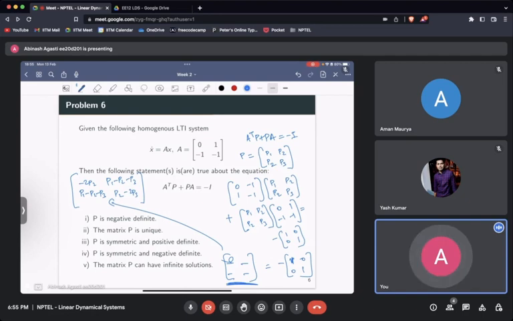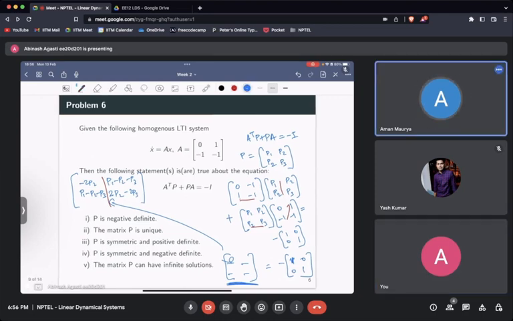I think we'll have 2P2 here. Can you just check once? We'll multiply this with this and this with this. P2 minus P3 plus P2 minus P3. Can you just confirm once if we'll get 2P2 minus 2P3 here? Yeah, sure.